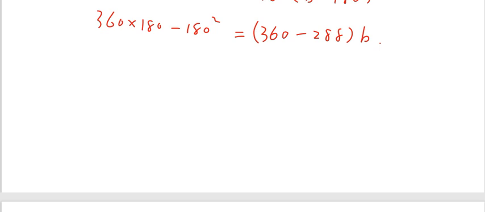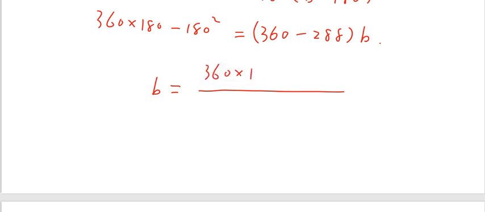If we put this as a formula, maybe we don't need to do it step by step. Use a calculator and put the whole formula in. We don't need to simplify, just like 360 times 180 minus 180 squared. Put the whole thing into the formula, this number divided by this number.